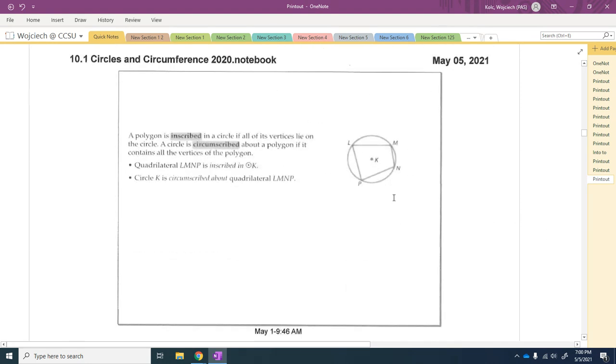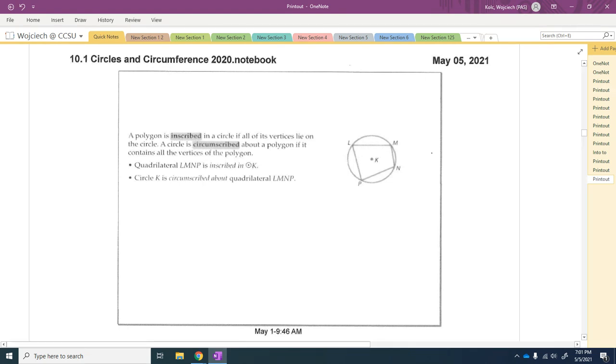All right, and the final part of this video, of this section 10.1, is inscribed polygons. A polygon is inscribed in a circle if all of its vertices lie on the circle. So inscribed means, see how the corners, vertex L, vertex M, and P, they lie on the circle.